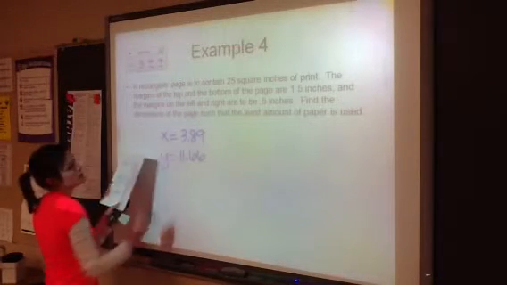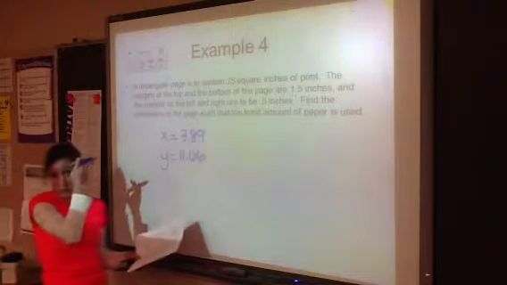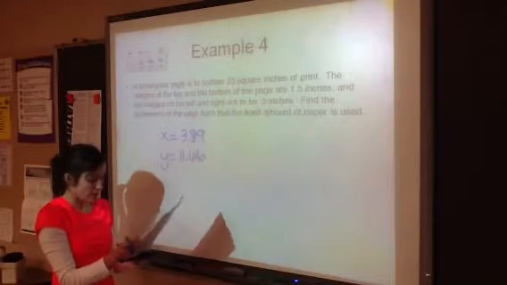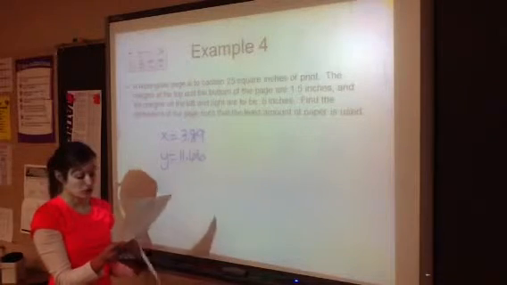So this one, for some reason, was not a perfect square. That one was a little different. Do you think maybe it has to do with the margins?